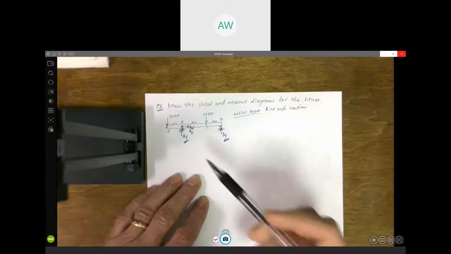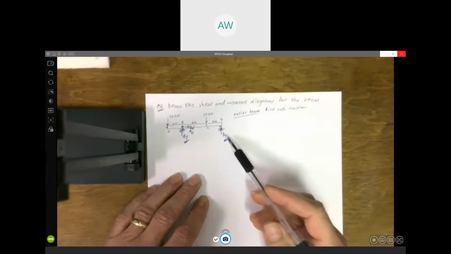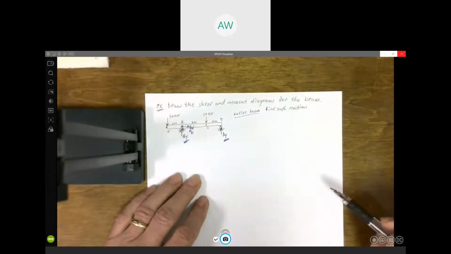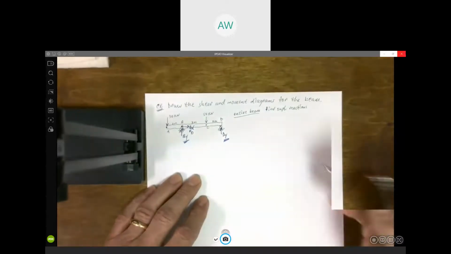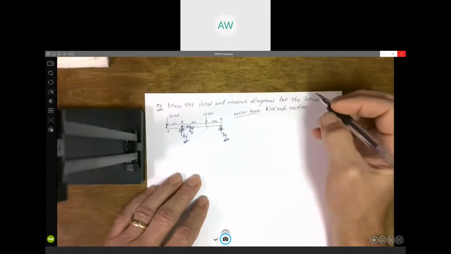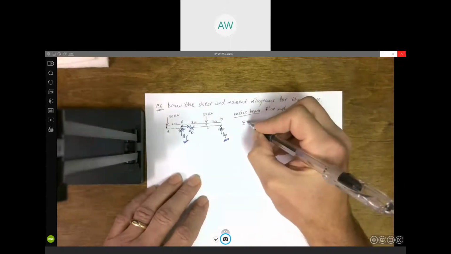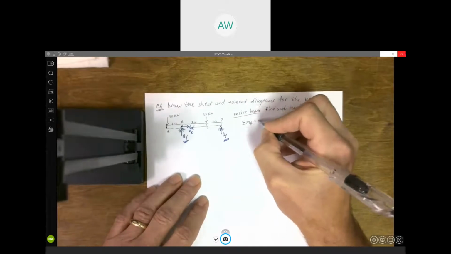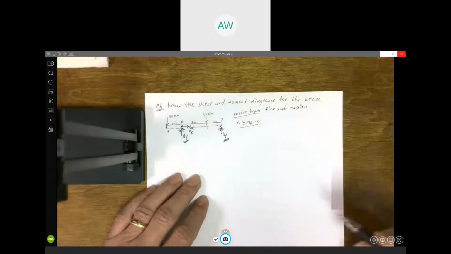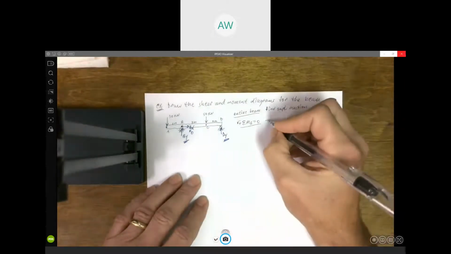We could sum the moments about B and get Dy, or we could sum the moments about D and get By. One or the other. We're going to find them both, so it doesn't matter which one you do first. I'm going to sum the moments about B and set that equal to 0, and I should be able to find what Dy is.